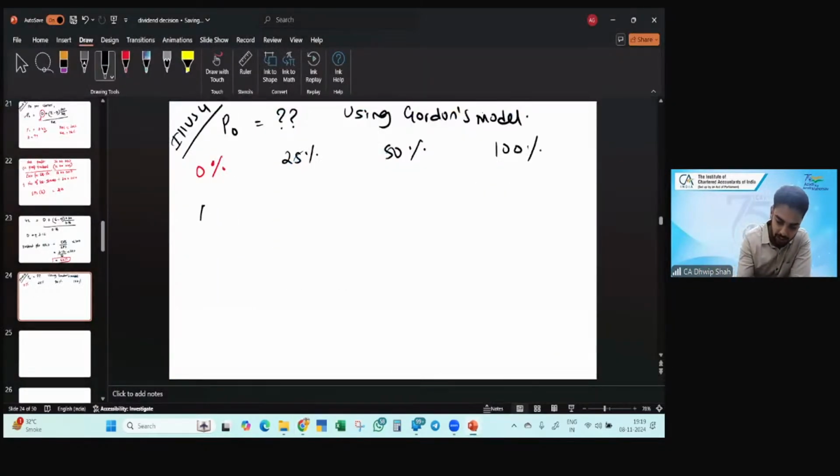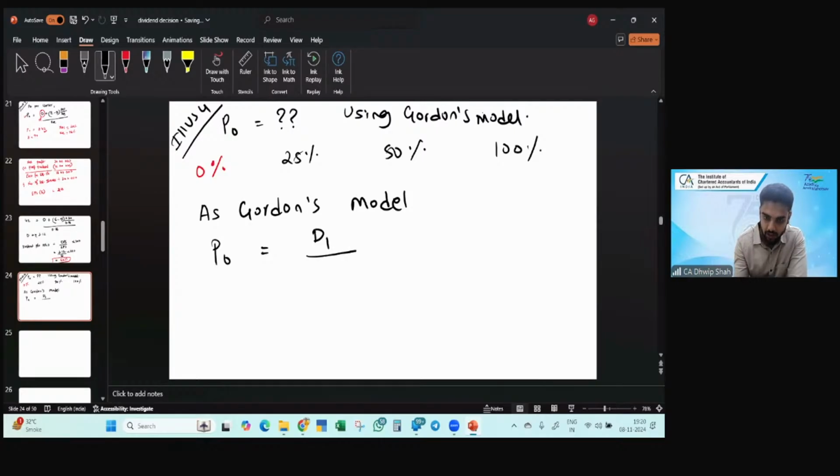So first task, whenever Gordon's model is asked in the question and whenever they ask to calculate market price, you have to recollect the formula given by Gordon. P0 is nothing but expected dividend, or the dividend per share, divided by KE minus G.